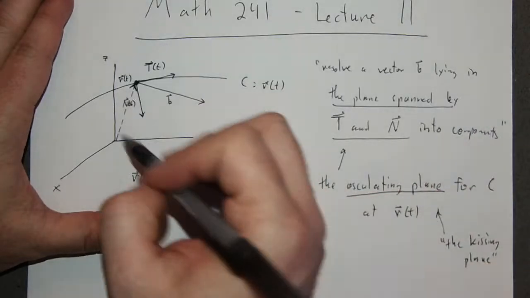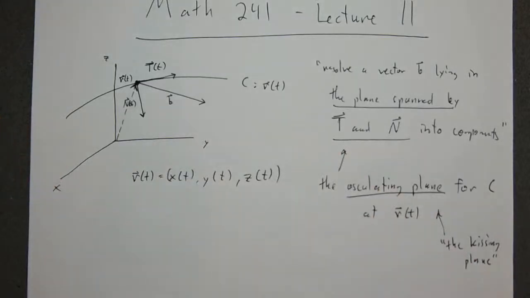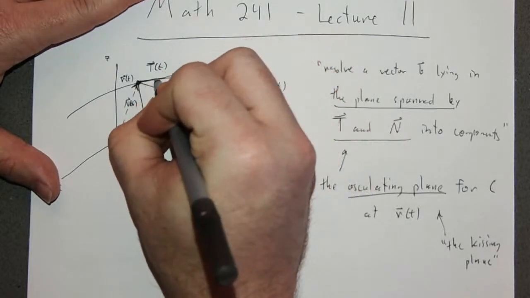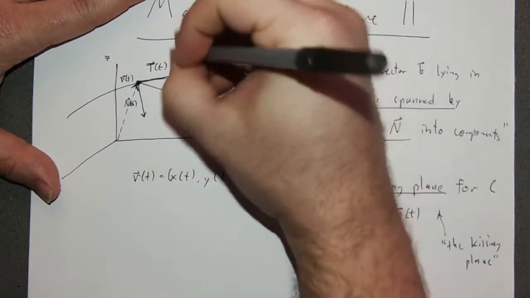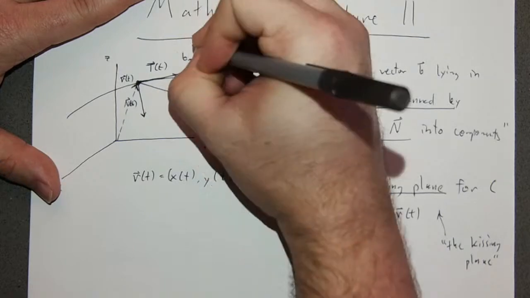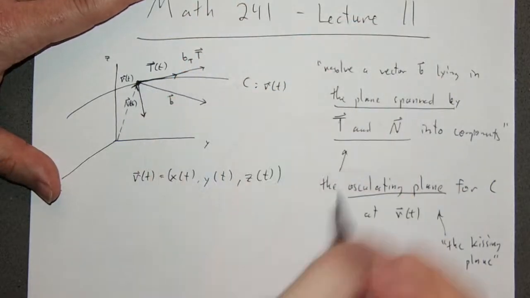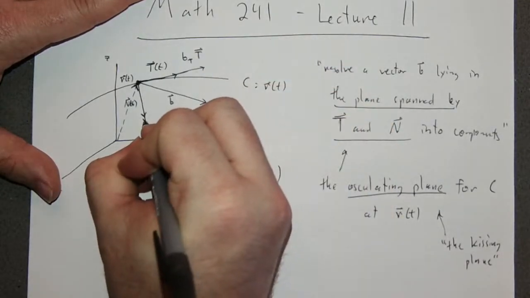and so resolving a vector b into components depending on these vectors means that I'm just writing it as what's called a linear combination of these vectors. So there's some multiple of the tangent vector. We can call that b sub t, so b sub t times my tangent vector. I've scaled my tangent vector enough, and I maybe need to scale my normal vector a little bit more.